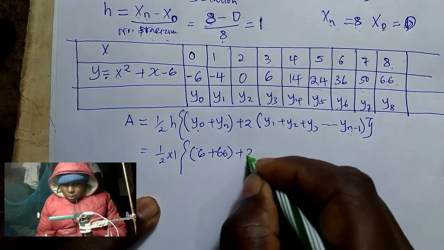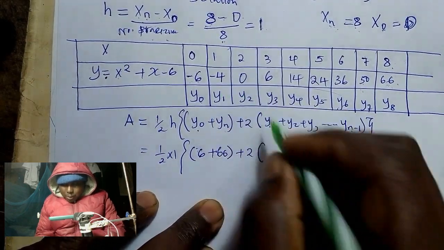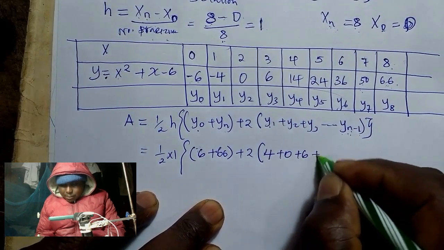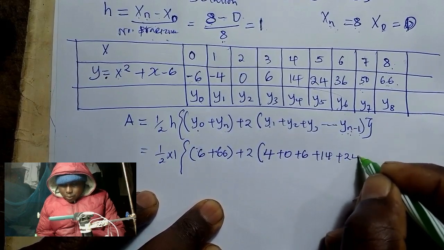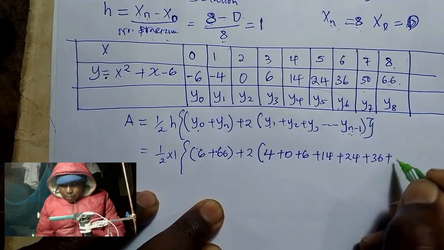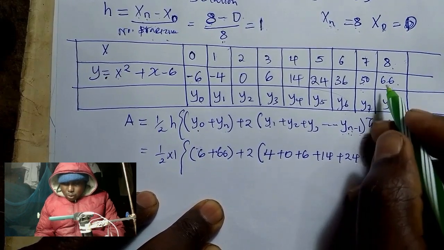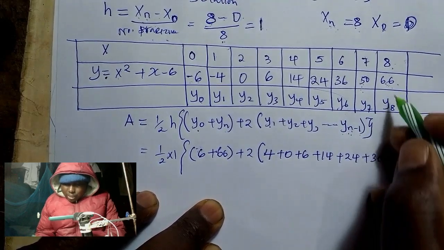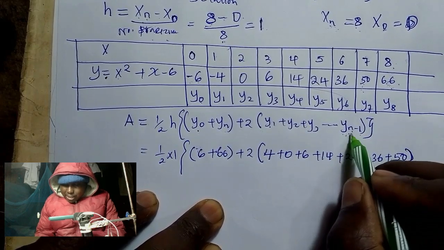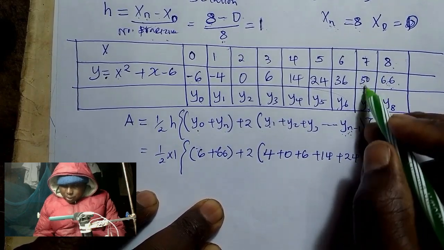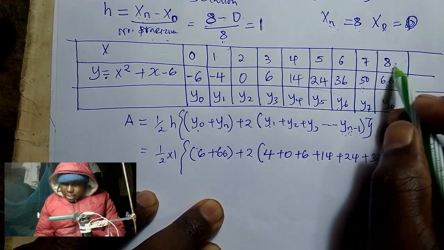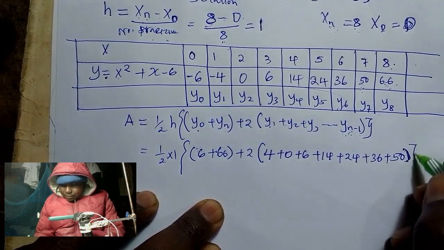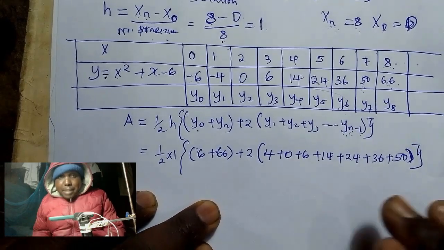Then plus 2 into y1, which is negative 4, so 4 plus 0 plus 6 plus 14 plus 24 plus 36 plus 50, and that is the final. So we have made the final n minus 1, which is 7. So we go to 66 and reach there. So yn minus 1 means you reach 7. If here it was 8, you reach 8 minus 1. If it was 10, you reach 9. That is what it means.